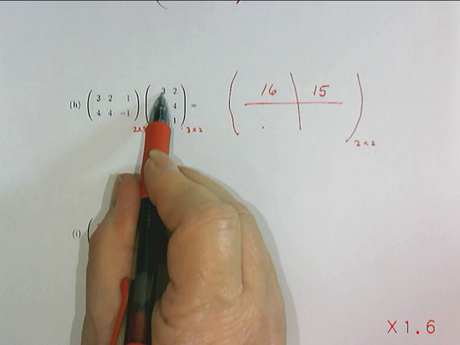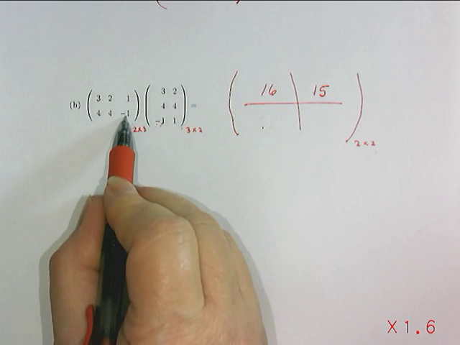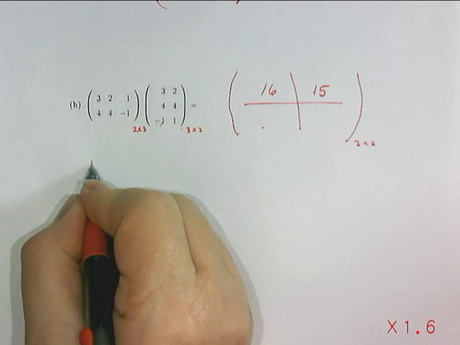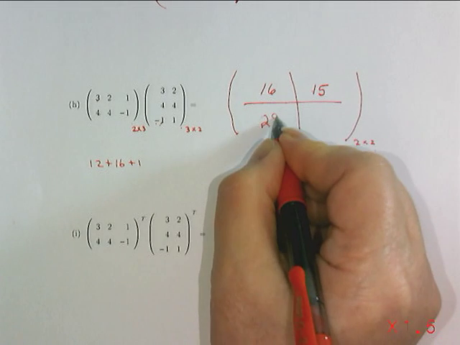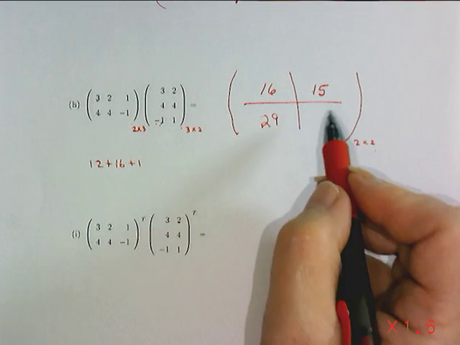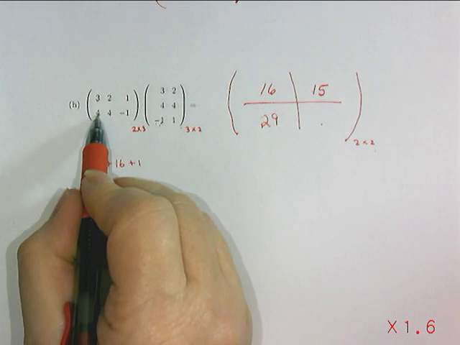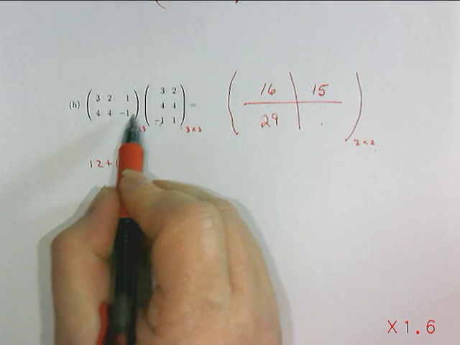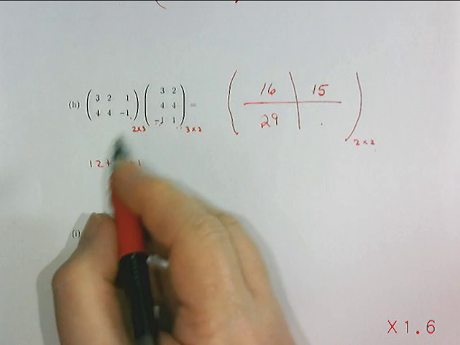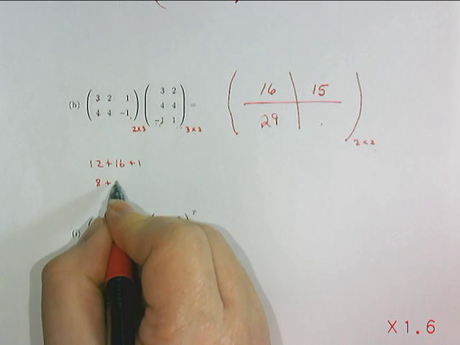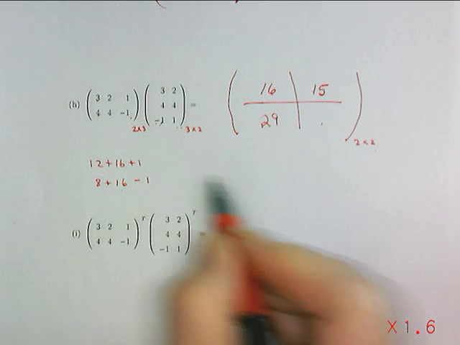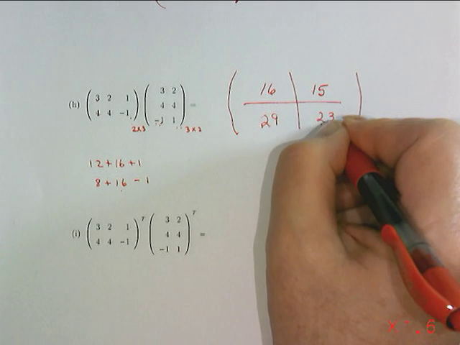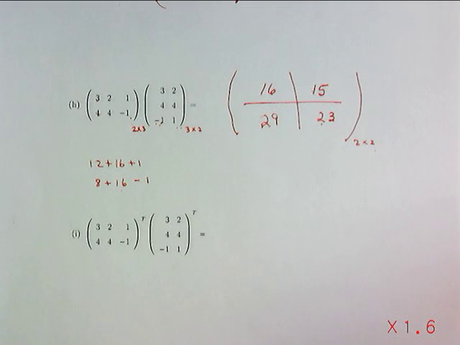That's going to be 12 plus 16 plus 1, which is 29. And this last entry will be found by taking the dot product of the second row with the second column, and that will give me 8 plus 16 minus 1. 8 plus 16 is 24, minus 1 is 23, so if I did my arithmetic right, I have the result.